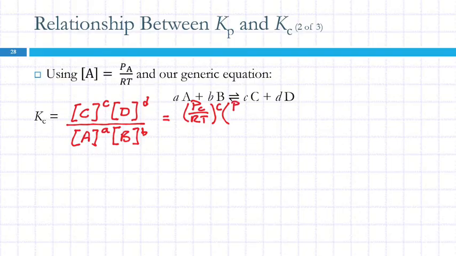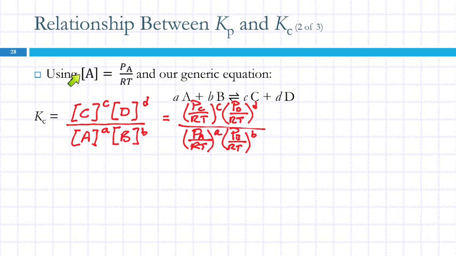D would be the partial pressure of D over RT to the D power, divided by the partial pressure of A over RT to the A power times the partial pressure of B over RT to the B power. Everybody okay with that? I just substituted this for the concentration and put the appropriate letters on there.